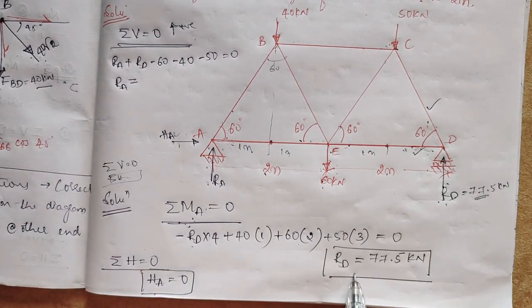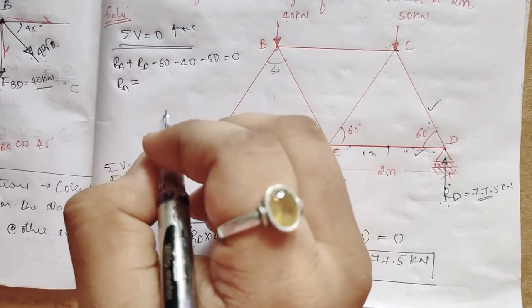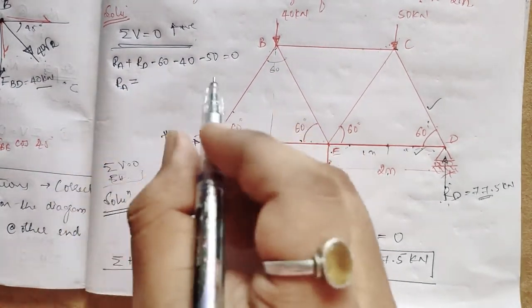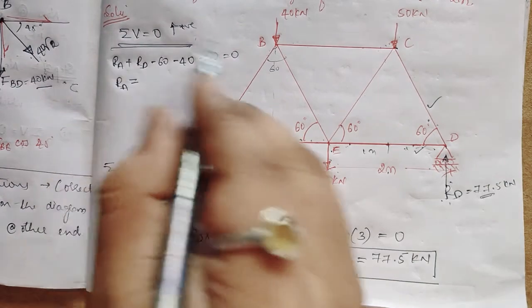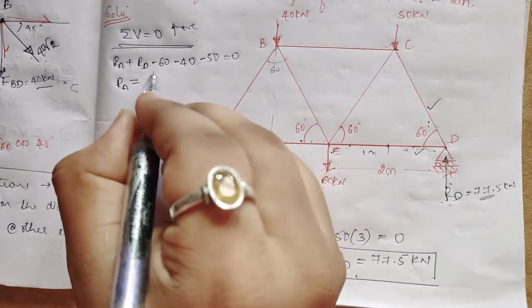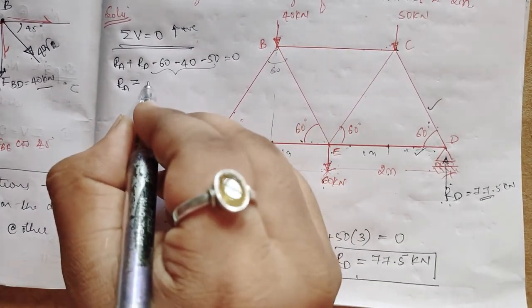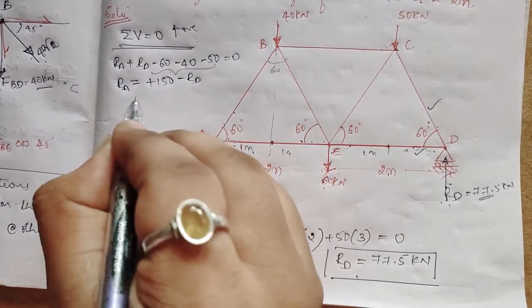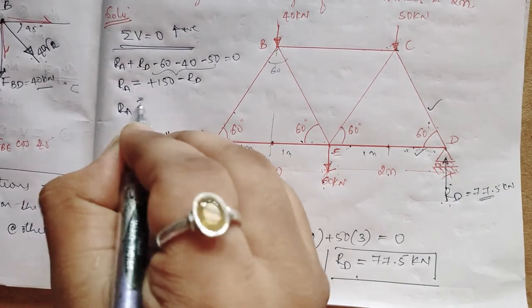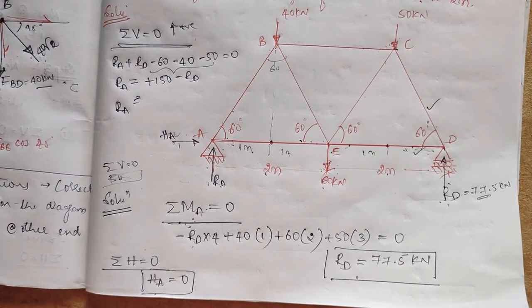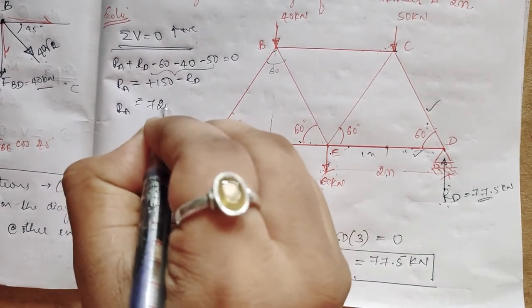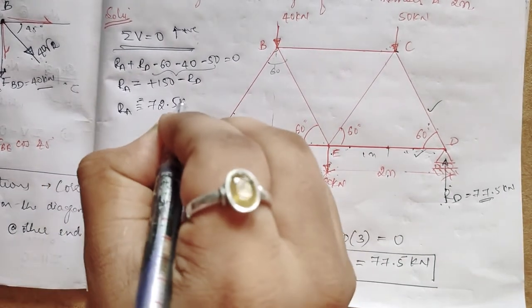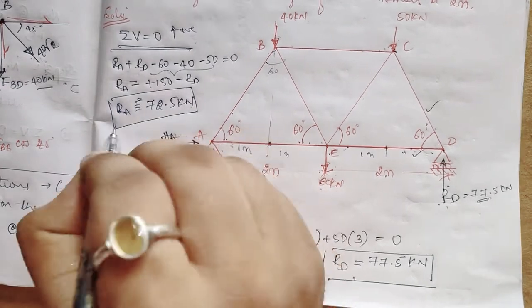So I also know RD, that is 77.5, right? So RA will be, this will all go towards that side, it will be positive, that is plus 150, this will be negative, minus RD. So RA will be equal to 150 minus 77.5, it will be 72.5 kilonewton.